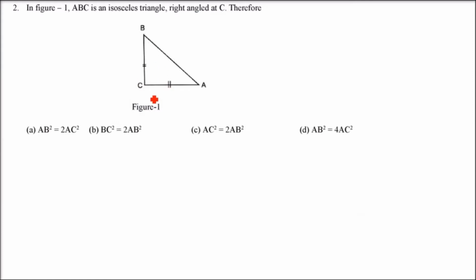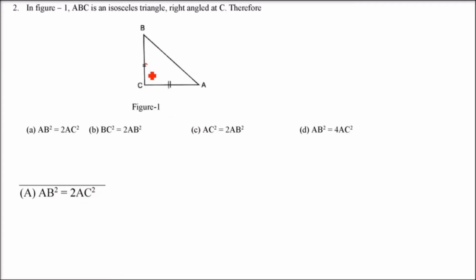In figure 1, ABC is an isosceles triangle, right angled at C. There are 4 options. So it's right angled and also an isosceles triangle, so BC and AC are equal. And this is the answer, A1. How does it come?